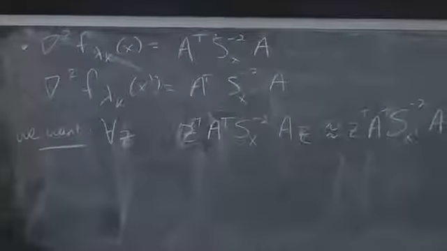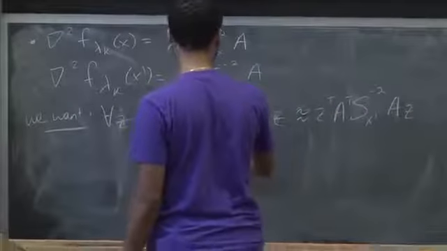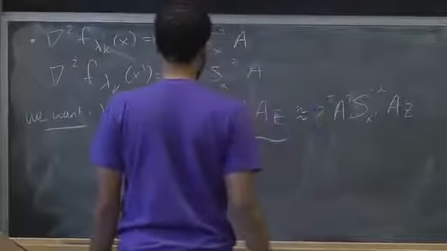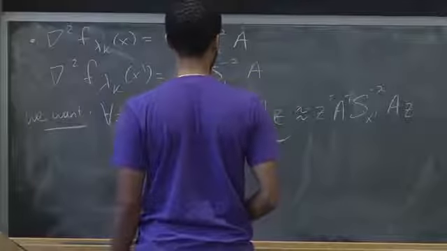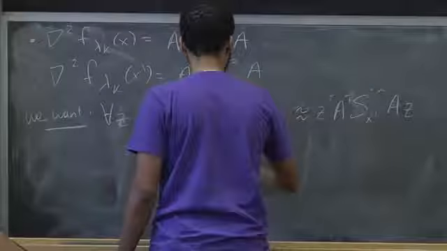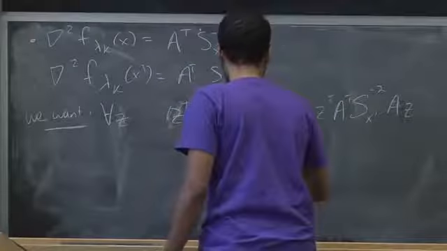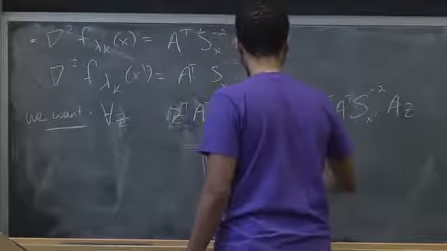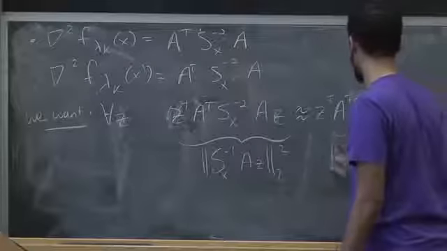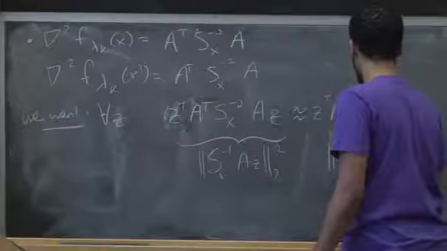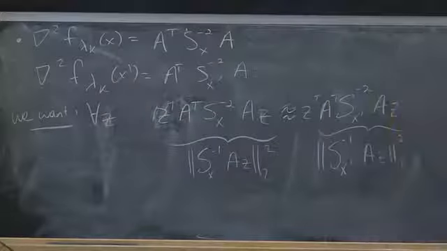That's what we want, right? So what is this thing? It's the L2 norm squared of Sx inverse Az. And this thing is the L2 norm squared of Sx prime inverse Az, right?